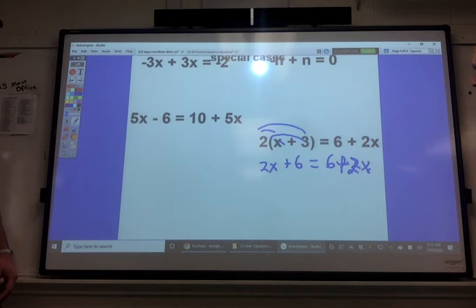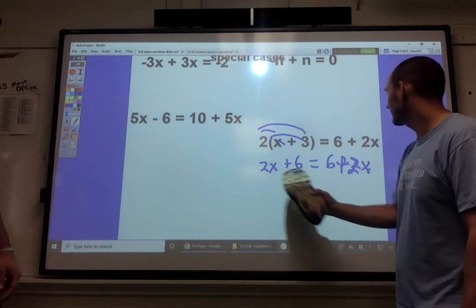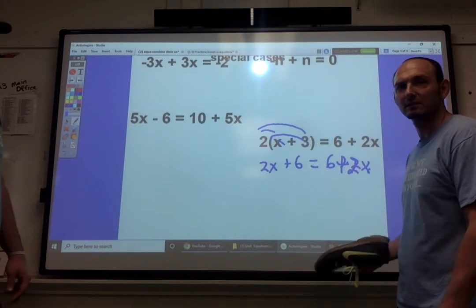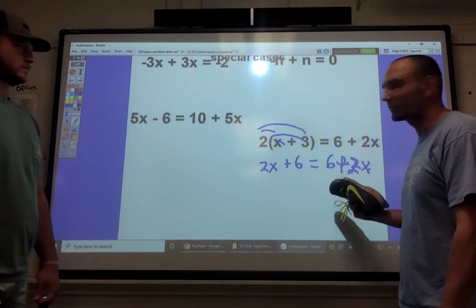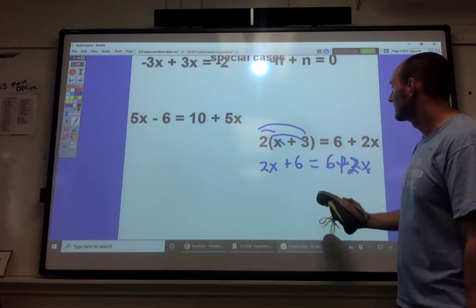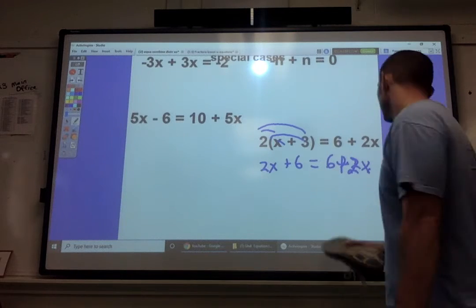Alright. So, if you look at it closely, they're actually the same thing. You've got 2x and 2x, 6 and 6. So if they're the exact same, it's going to be all real, just like the one I did before. Infinite many solutions. But let's say you didn't recognize that. You're using my checklist. Let's just go through it.